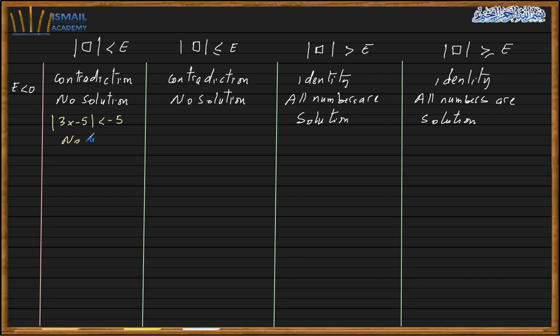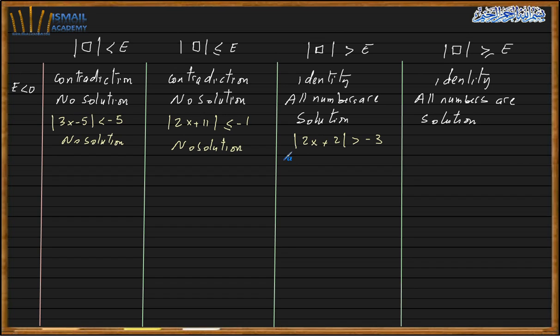Or I have absolute value of 2x plus 11 is greater than minus 3. So this is an identity, all numbers are solutions.